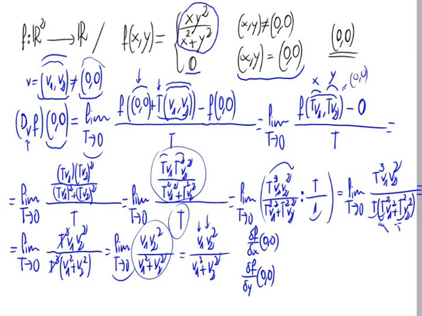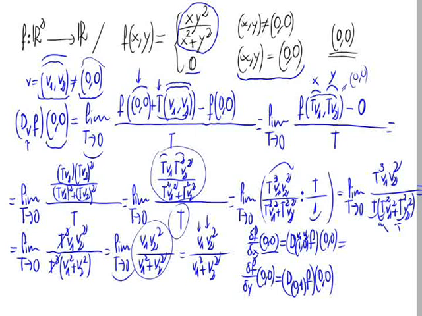Now let's calculate the partial derivatives of x and y. This derivative is just a directional derivative. For x it would be the directional derivative of 1, 0 in 0, 0, and the partial derivative of y would be the directional derivative of 0, 1 in 0, 0.